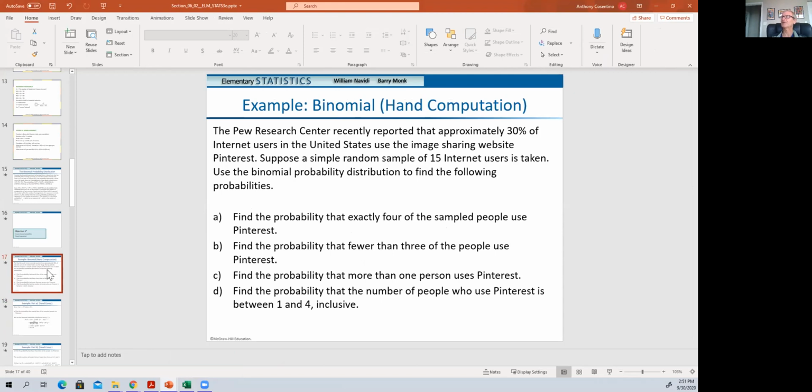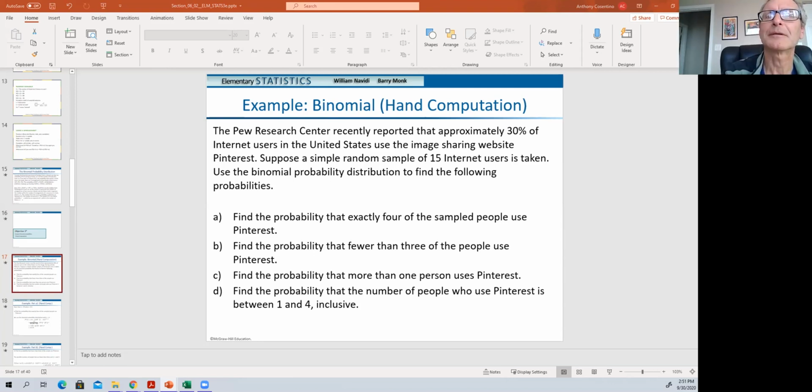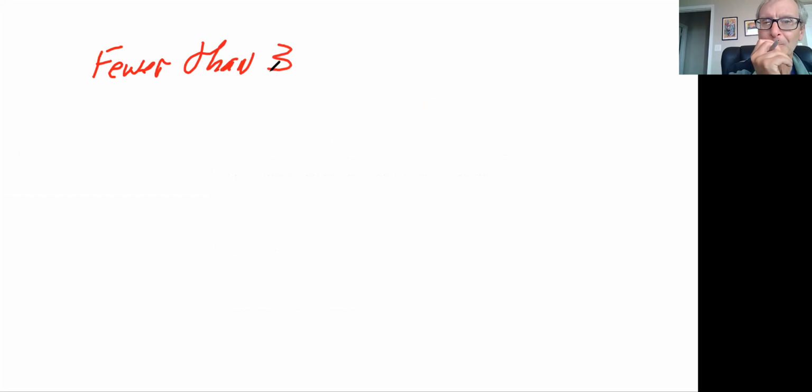It says, find the probability that fewer than 3 people use Pinterest. So what does fewer mean? Well, fewer than 3, because it's discrete, would be the numbers 2, 1, and 0.